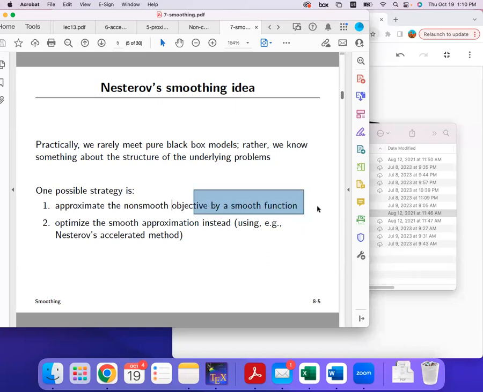If I can find a smooth problem that is very close to my original non-smooth problem, then hopefully I can solve this smooth problem and quickly get a good solution. Once we have a smooth approximation, we can optimize it, maybe using the accelerated gradient method that we just introduced.